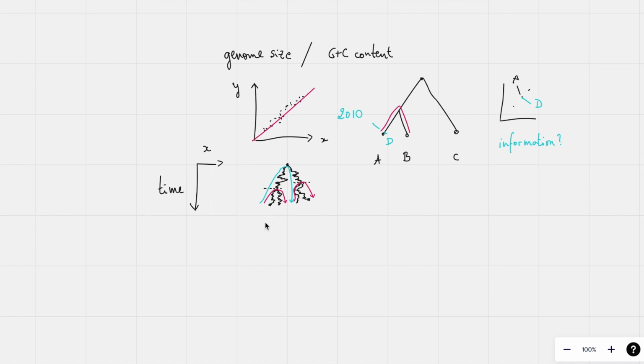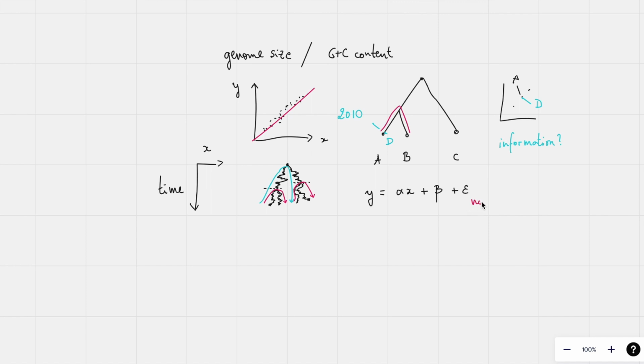And so why is this a problem for regression? In general, in regression, we have a variable y here that we write as alpha x, so a coefficient of proportionality times x, a variable that is observed, plus an intercept that we often write beta, plus epsilon. And we say that epsilon here is the noise.